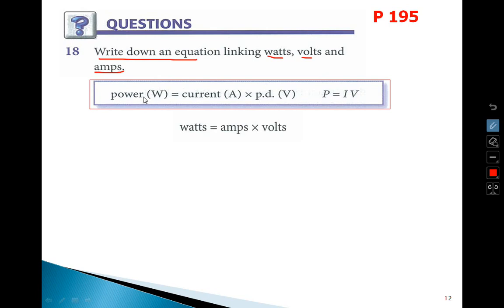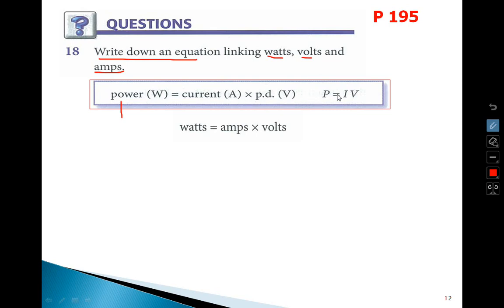This is the watt, this is current, this is V. So this is the equation of power. Power, measured in watts, is equal to current, measured in amperes, times voltage, measured in volts.